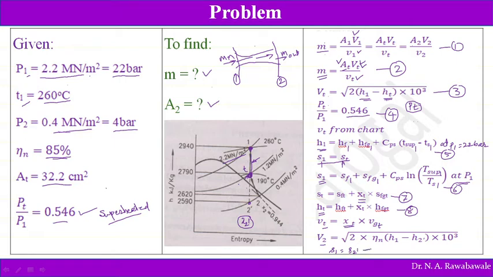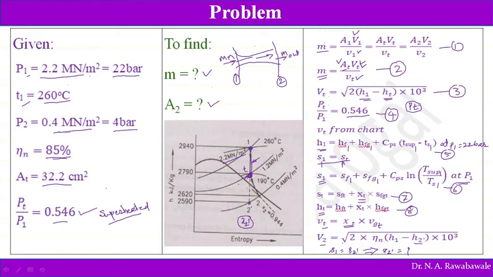Here we will get the dryness fraction X2 dash. By knowing X2 dash we can find out H2 dash using a similar formula: H is equal to HF plus X HFG at 2 dash. Once we know dryness fraction, we can find out enthalpy at 2 dash, and then substituting it here we can find out velocity at 2.